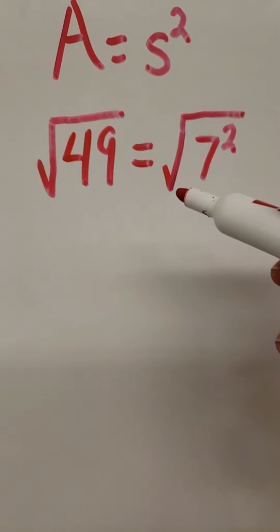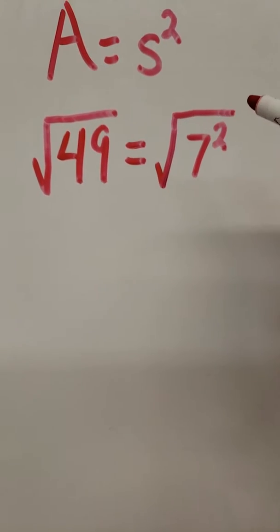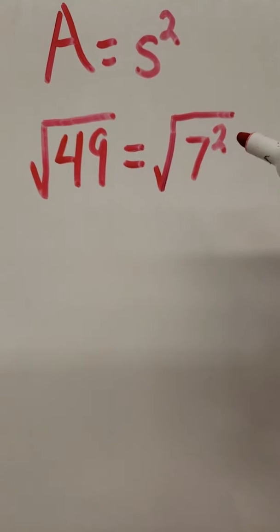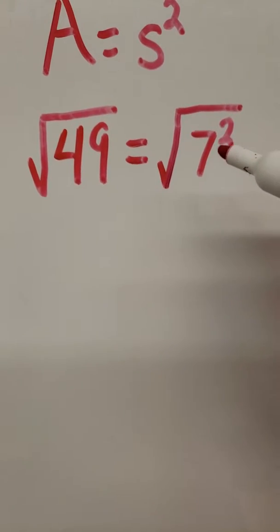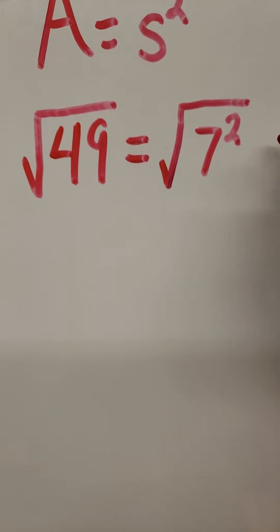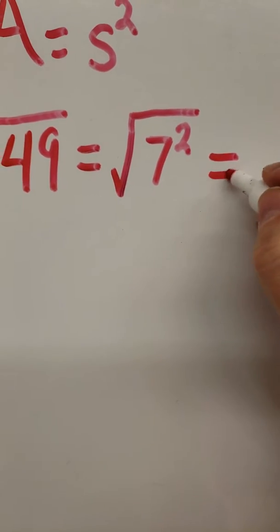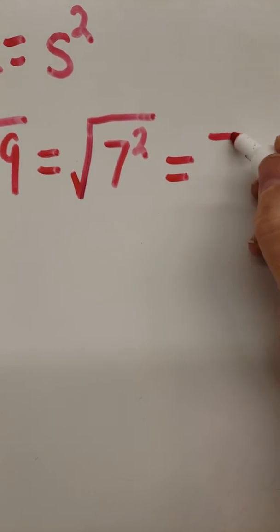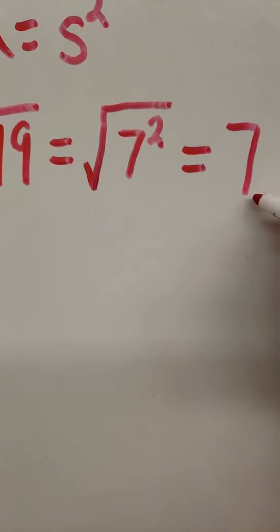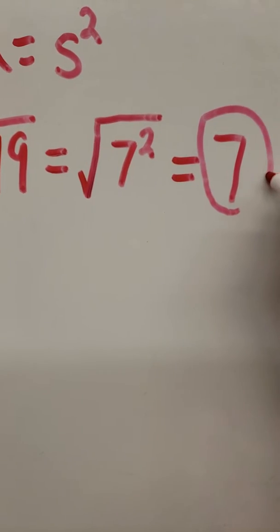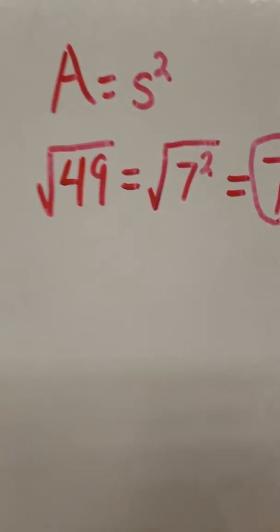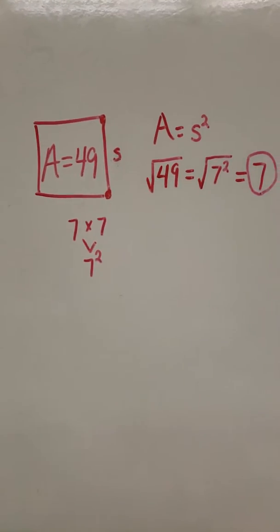And what we also talked about in class is that the radical sign, the square root, is the inverse operation of raising something to the second power. So when I do the square root of 7 squared, I'm actually canceling out that power of 2, and it leaves me with just 7. And that is how long the side of a square is that has an area of 49.